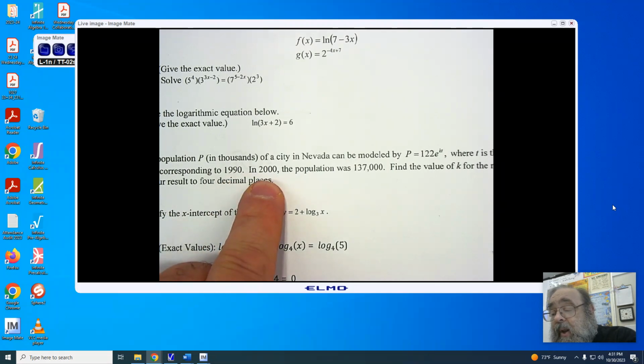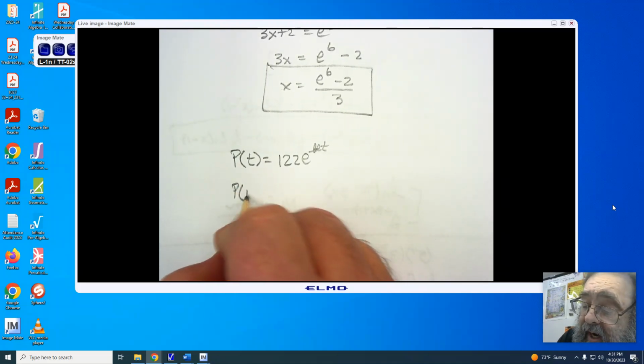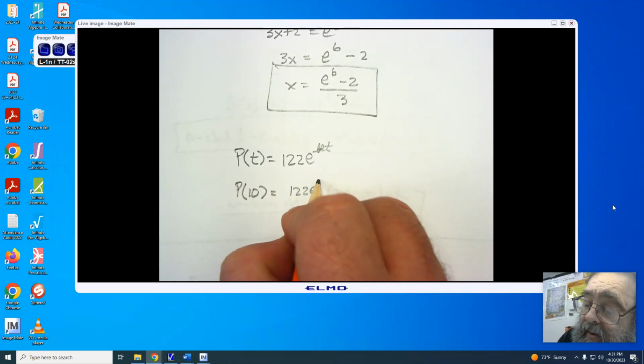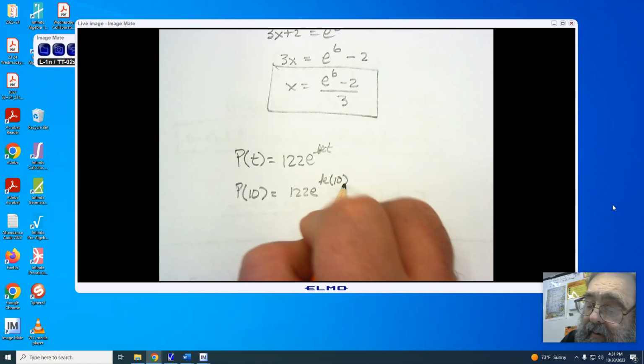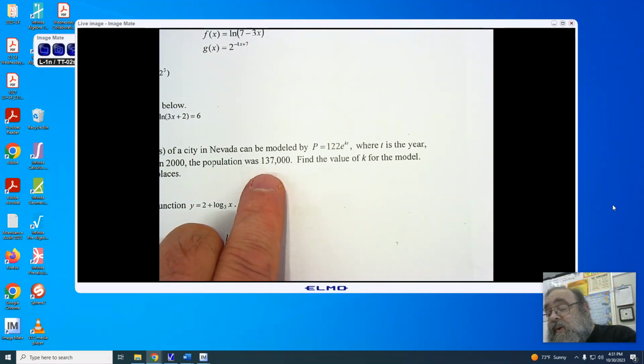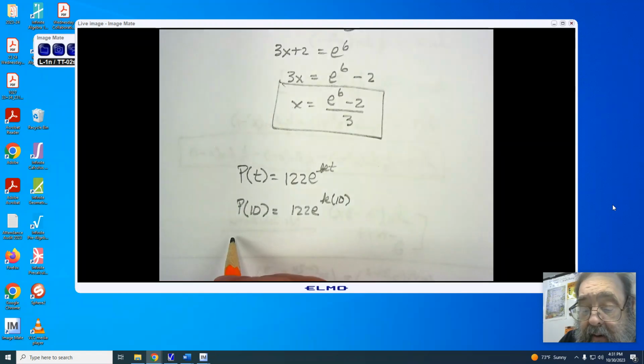We're looking at a population of 2,000, which means that I've gone 10 years. I now can say that I'm looking at the population of 10 years is 122 e to the k times 10. But they tell me what that population is, 1,307,000. So I'm going to put that in.